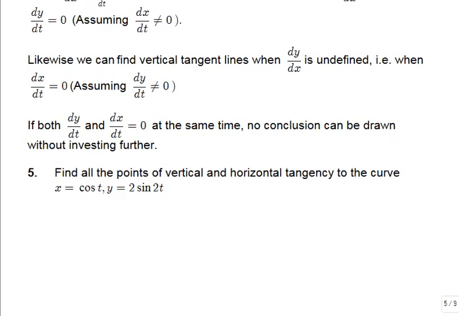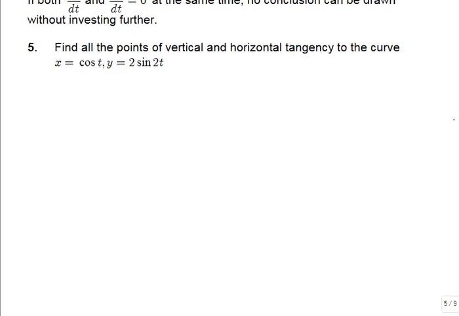So, for example, suppose that I want to find all the points of vertical and horizontal tangency to the curve x equals cosine t and y equals 2 sine 2t. So, to determine the vertical tangent lines, you set dx dt equal to 0.